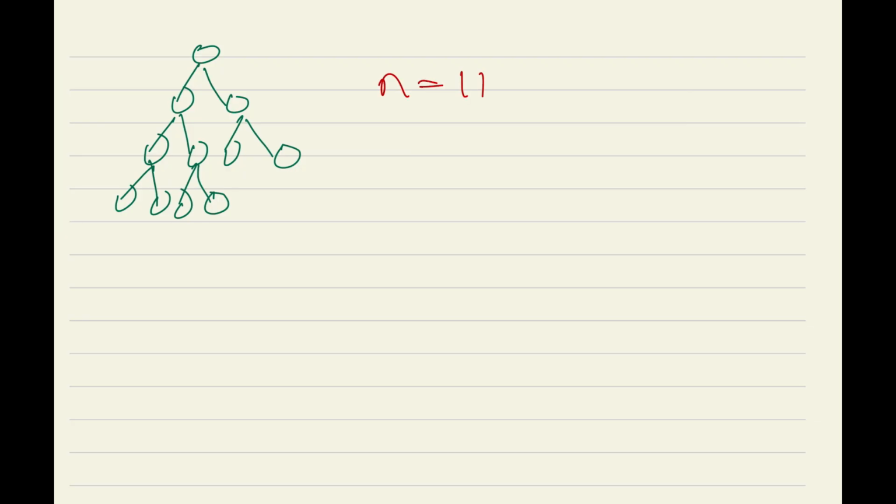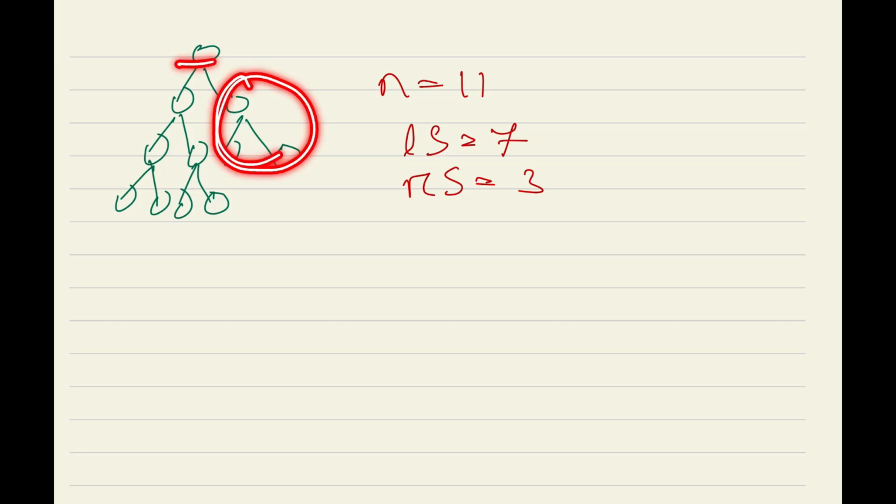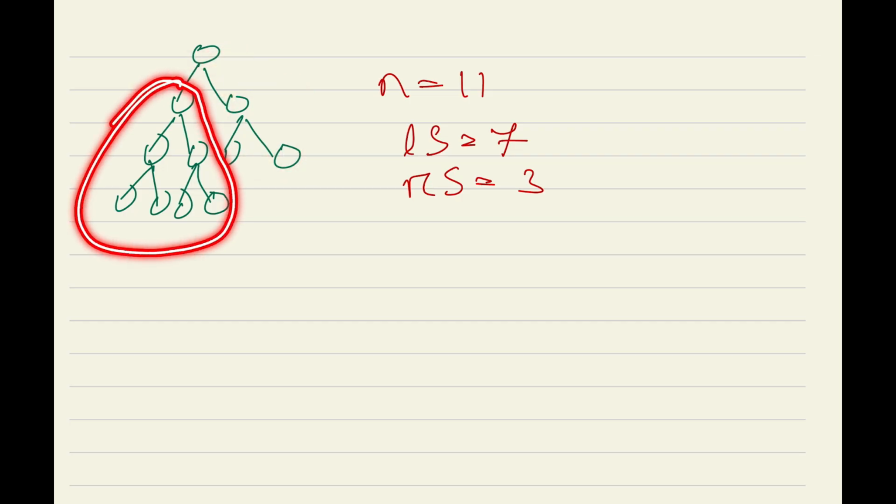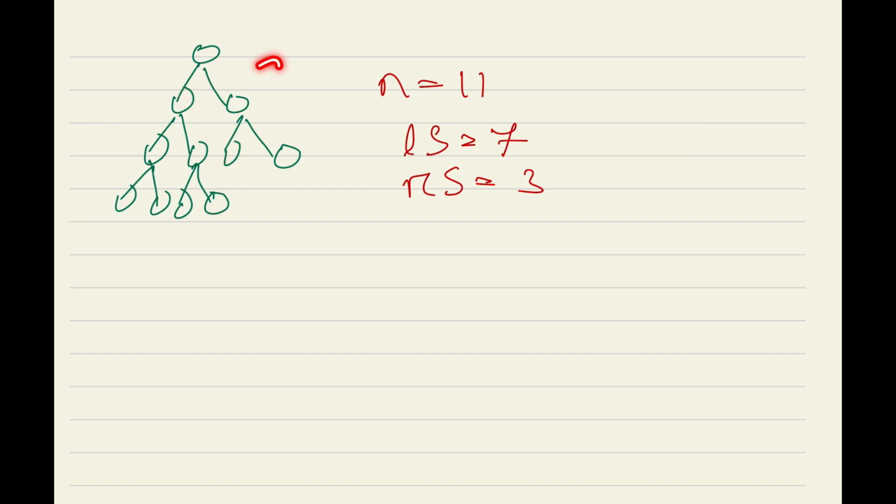If we consider this node as the root node, then its left subtree has how many nodes? 7 nodes. And the right subtree has how many nodes? If we consider this one as the root node, this one is the left subtree and this one is the right subtree, with 3 nodes.